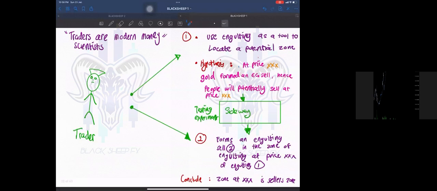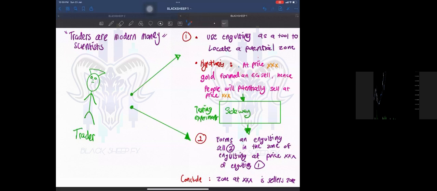So to me, traders are modern money scientists. Technically, if we approach the market as a scientist, we can literally solve a lot of its mystery and its problem. So far, the hypothesis, whenever we form or we try to use the engulfing methodology, we start off with our hypothesis.